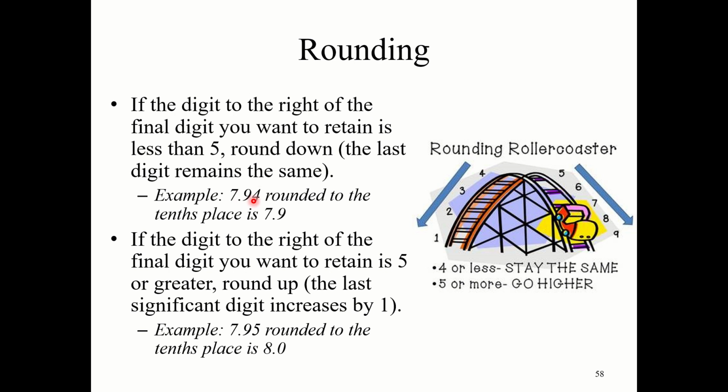So if I had the number 7.94 and I wanted to round to 2 sig figs, okay, well I'm keeping the 7.9 and then my next digit is a 4, so I'm going to round down to 7.9. Now if I had the number 7.95 and I wanted to round to 2 sig figs, well I'm keeping the first two, 7.9. If I look at the next digit to the right, this is a 5, I need to round up. So now my number would be expressed as 8.0.